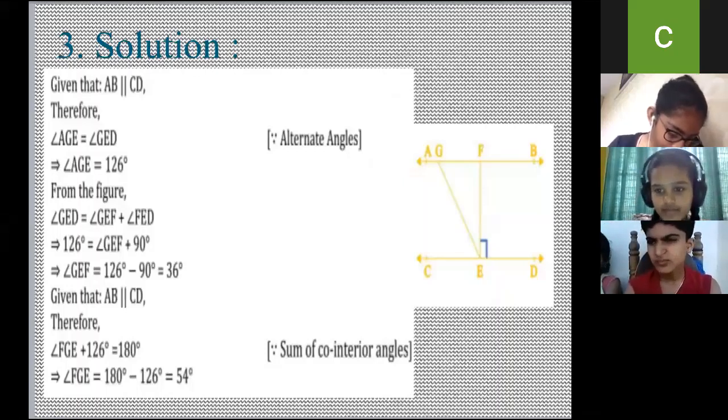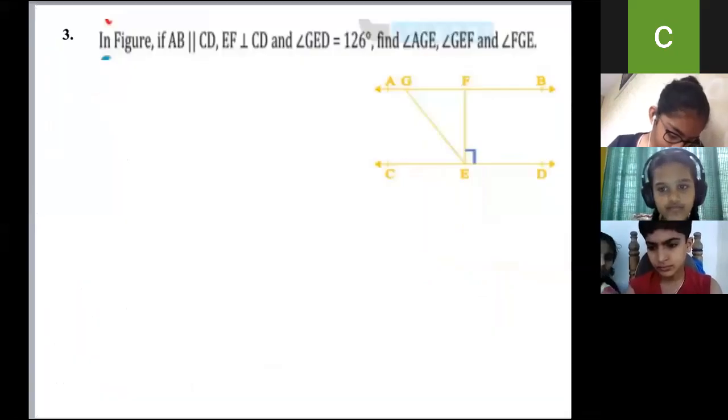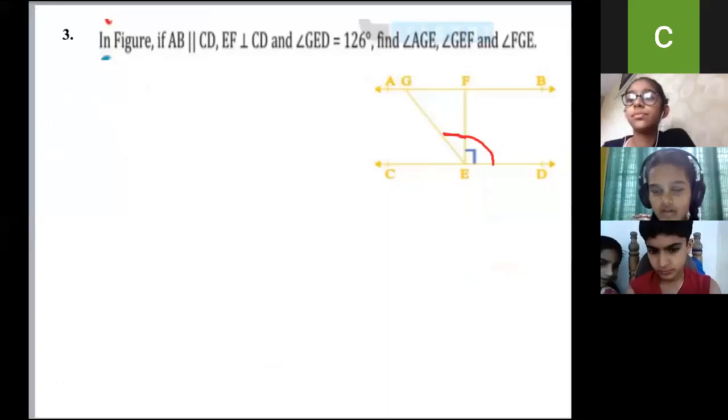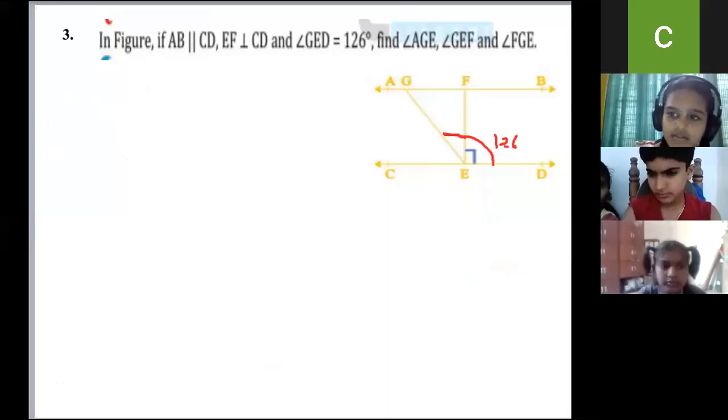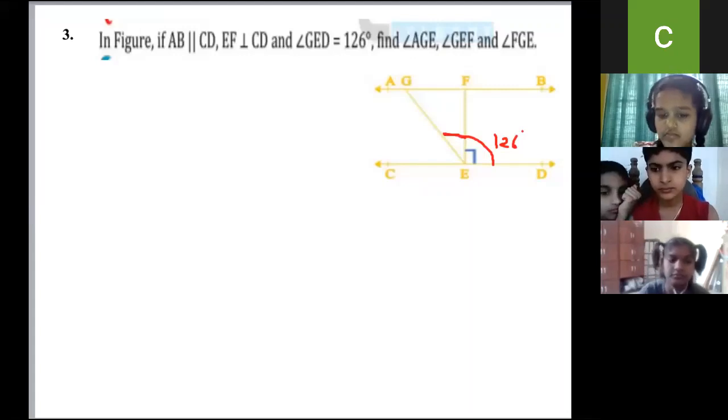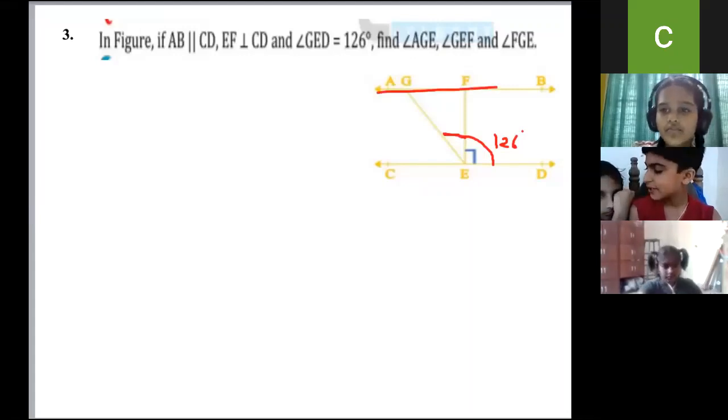Just observe this. I'll go back. What was the angle here? This is given as 126 degrees. Yes? So what Abhay said, I'll explain. AB is parallel to CD.